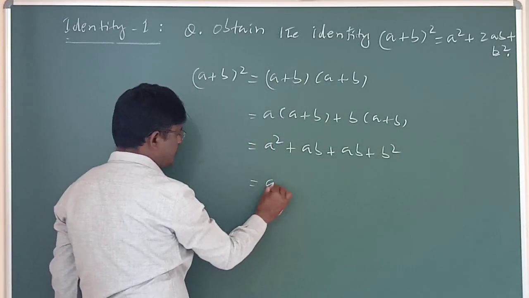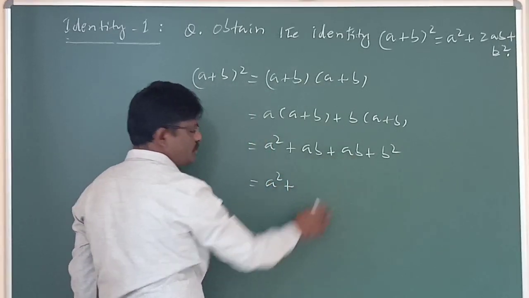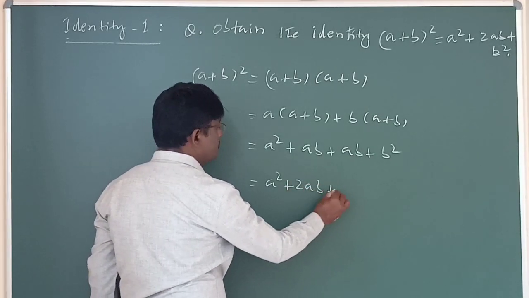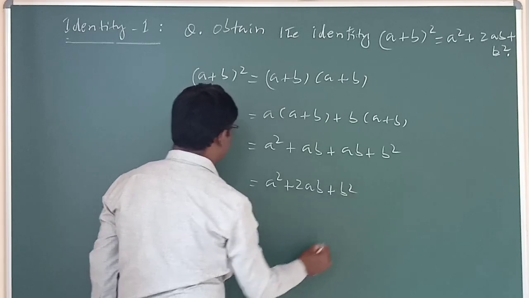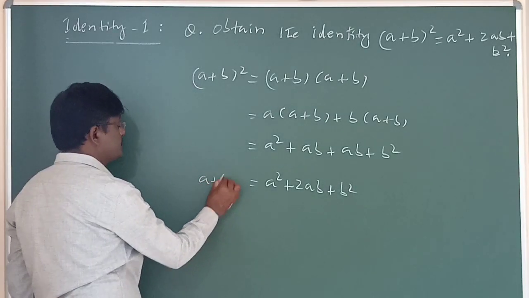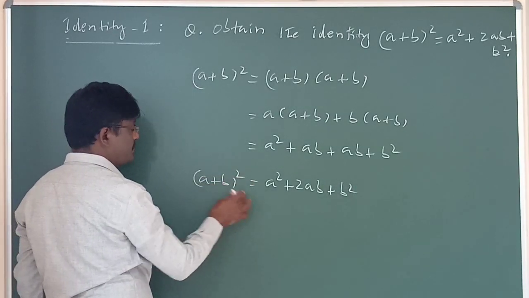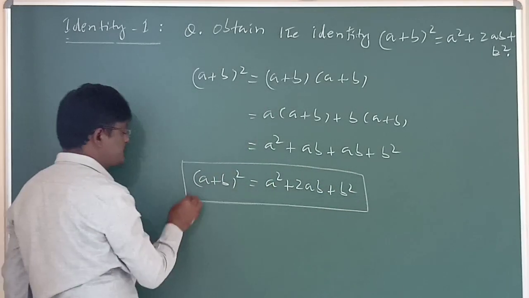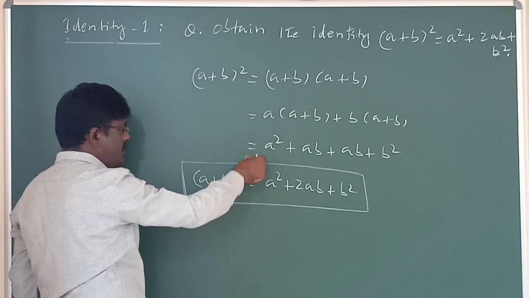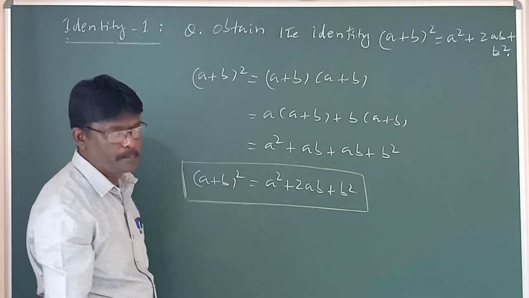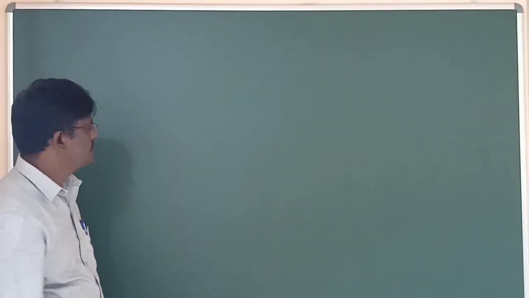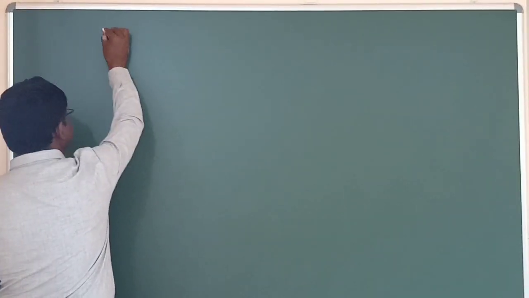Therefore, a square plus 1ab plus 1ab is what? 2ab plus b square. So this is the expansion of a plus b whole square. This is what we said the very first identity, and how we got it is called obtaining, deriving.